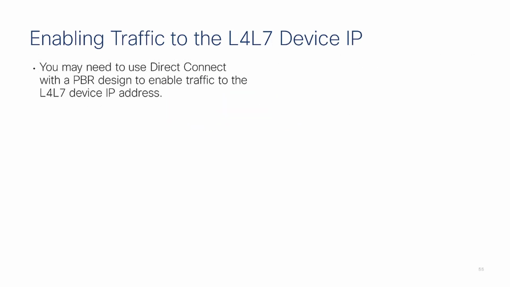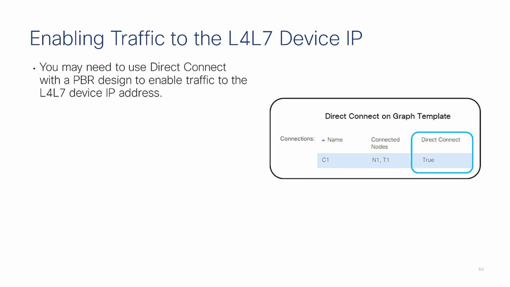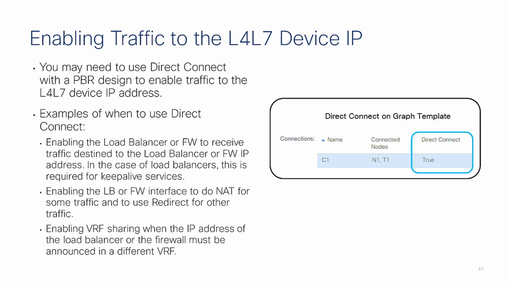Direct connect is an option that you need to choose when you need to send traffic to the firewall IP address over an interface that is used for service graph redirect. Because what this does, it configures a contract to allow traffic to the firewall itself. Normally, traffic will get to the firewall because of redirect, not because of direct routing.